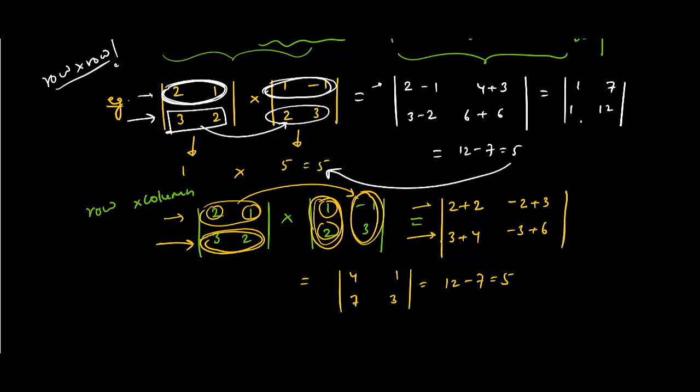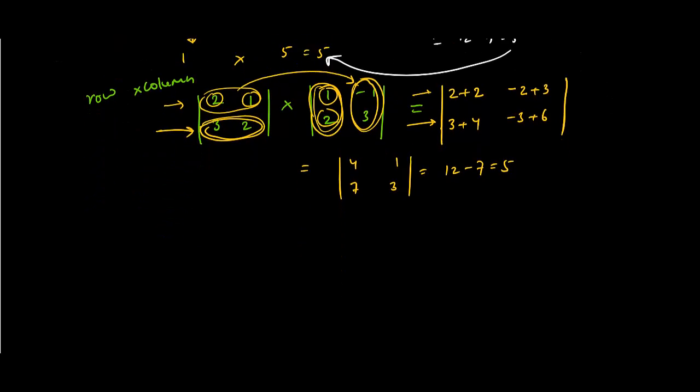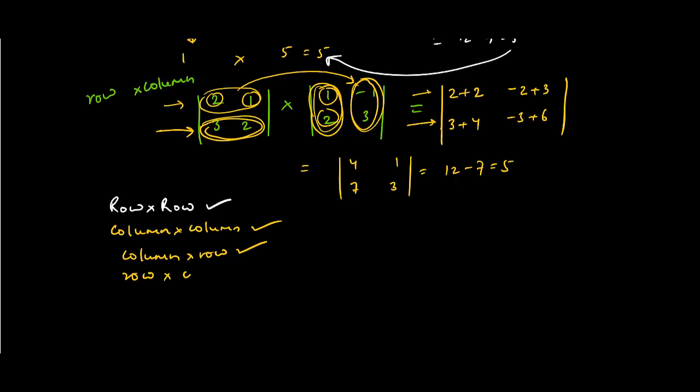So in fact, what you find is that in case of determinants, it does not make any difference whether I go for row into row. This is correct. You can also go for column into column. You can also go for column into row, and you can also go for row into column.